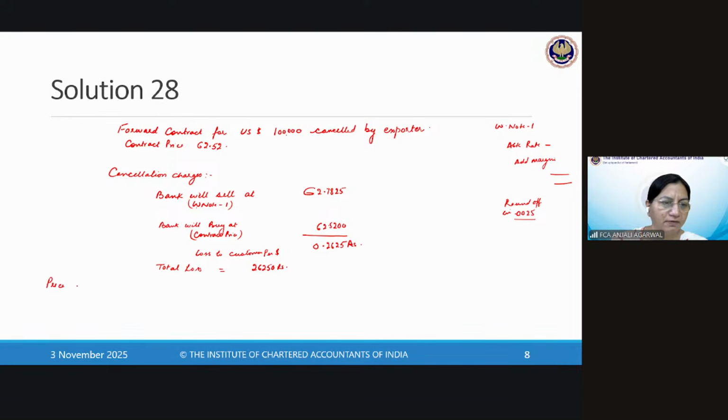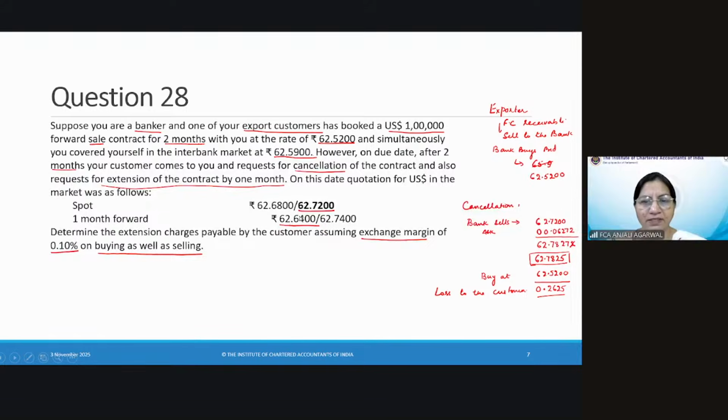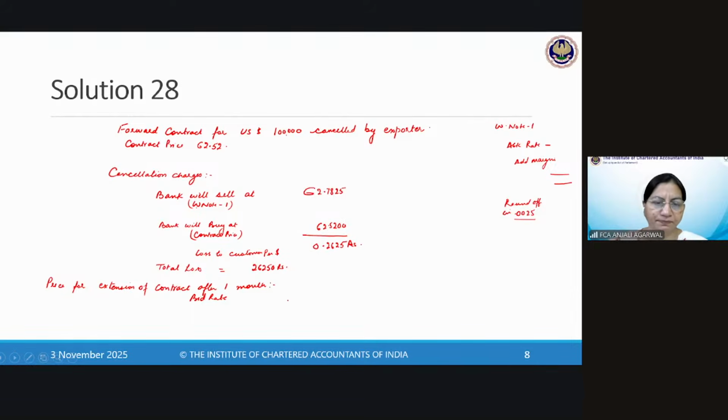Price for extension of contract after 1 month. Bid price, or bank will buy at 62.6400. Less margin 0.10%.